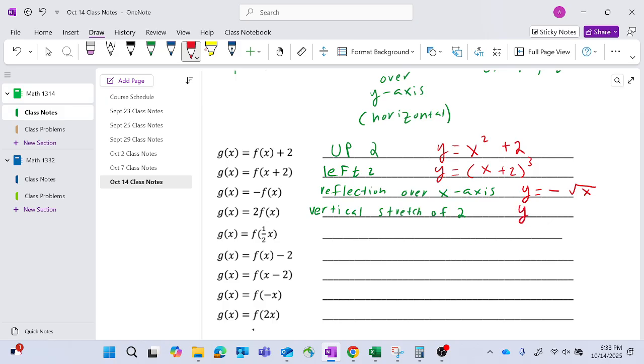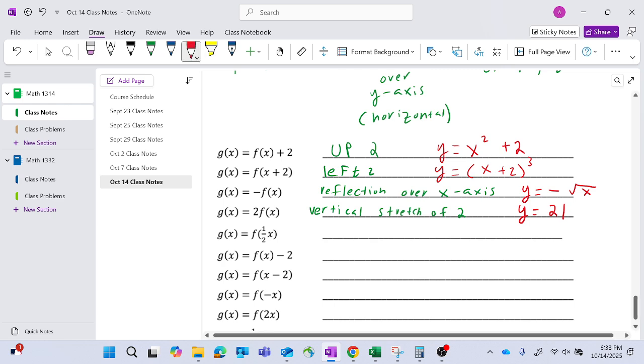An example could be y equals 2 times, let's say, the absolute value of x. That's what it'll look like on an actual function. So y equals 2 times absolute value of x.